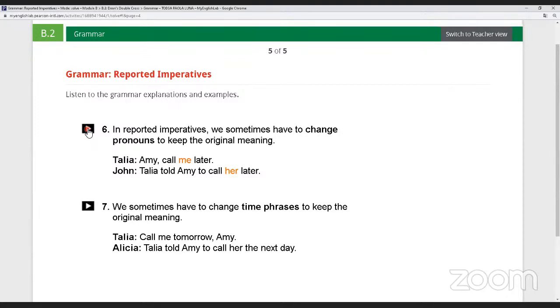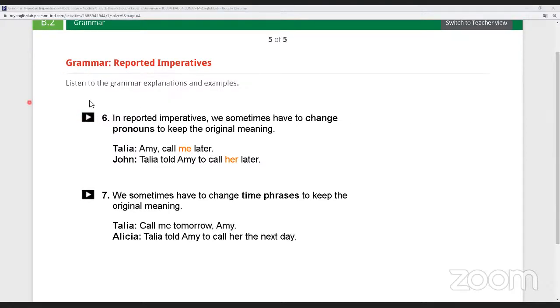Eat, ate, eaten, take, took, taken, have, had, hit, make, made, and so on. Okay. Yes, it was great. Thank you. Thank you. It was great.